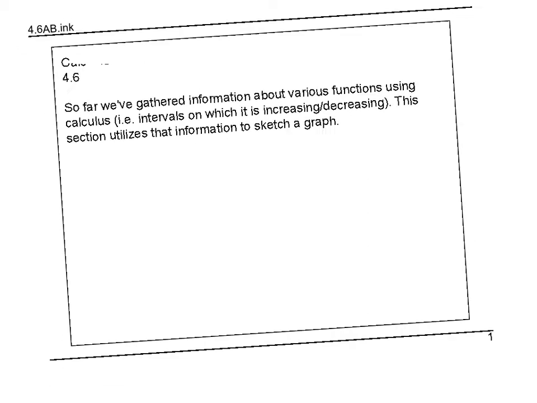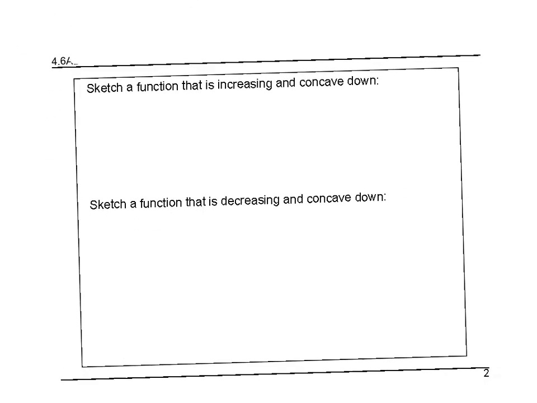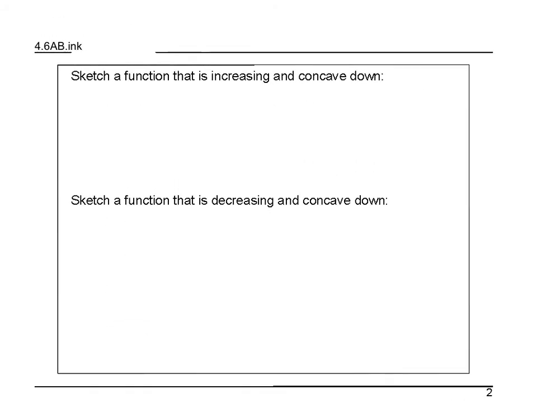Okay, so first let's take a look at some language here and understand how do we sketch that graph that is increasing and concave down. What exactly would that look like? So if we just imagine part of a curve, this is something that would be increasing and concave down.